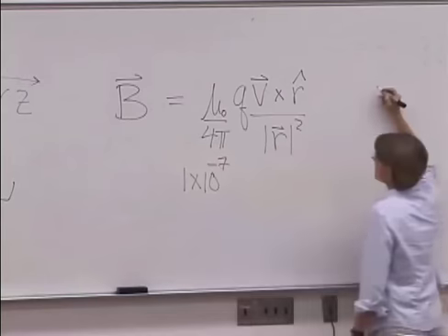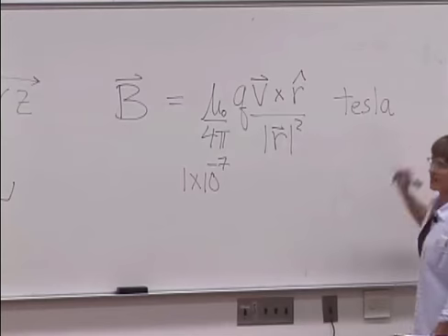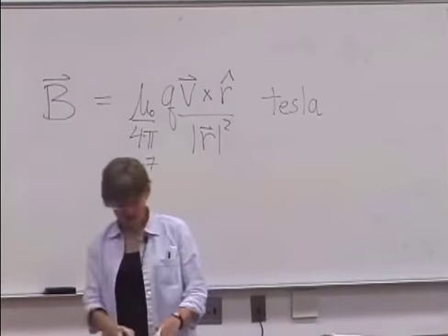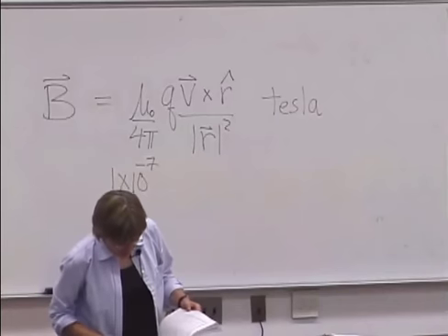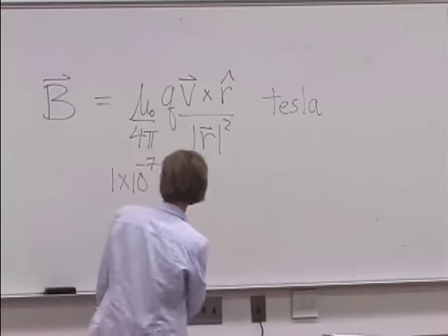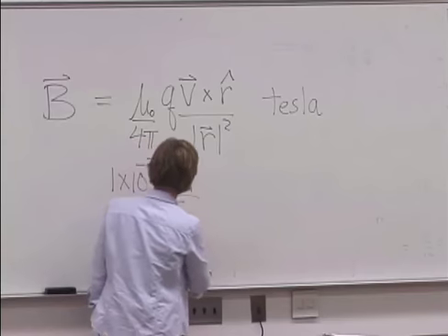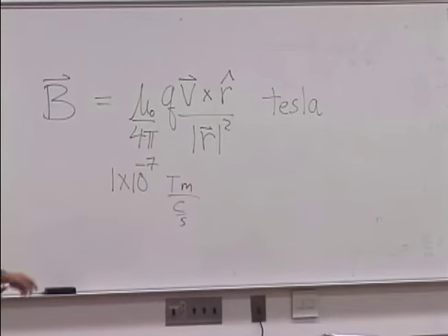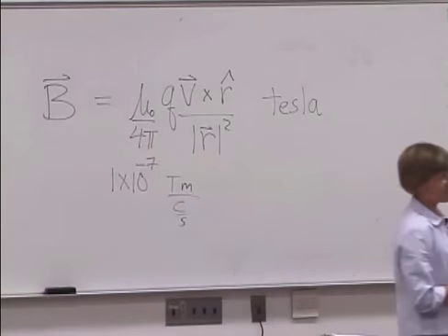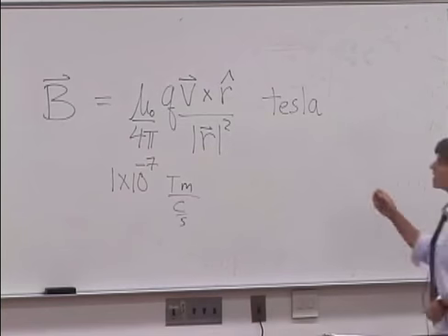And the units of magnetic field are Tesla. And so the units of that constant are going to be Tesla meters per coulomb per second. And that gives us the magnetic field due to a moving charged particle at some location.